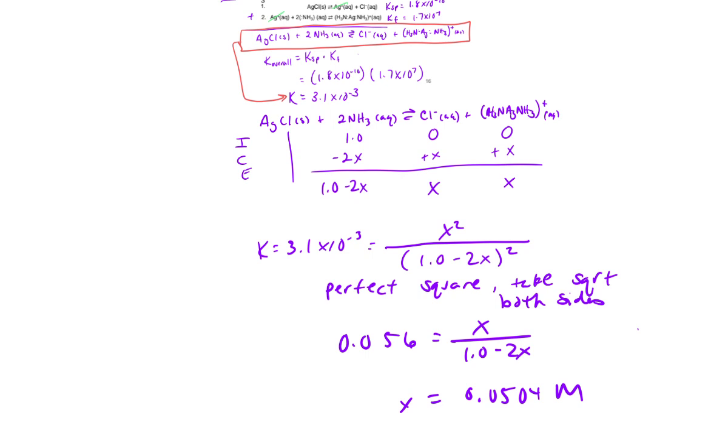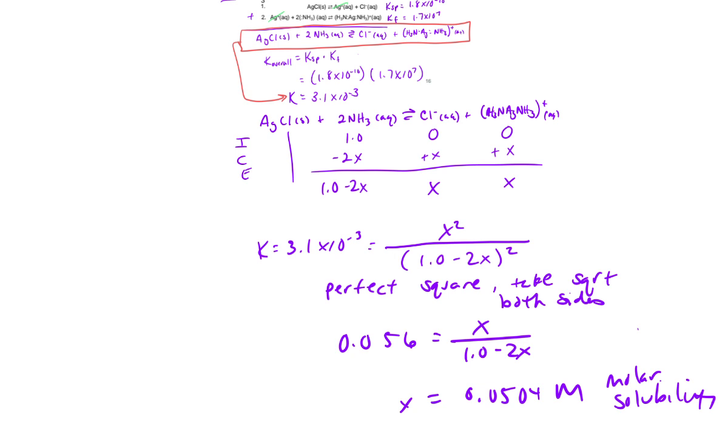So what we've just calculated is the molar solubility of the silver chloride. If you recall, when we have a Ksp and calculate x, that x is equal to the molar solubility. So this is the molar solubility of silver chloride in the presence of the ammonia. You can see that its solubility is pretty high, 0.05 moles per liter. And if you recall, before we added the ammonia, the solubility was what?